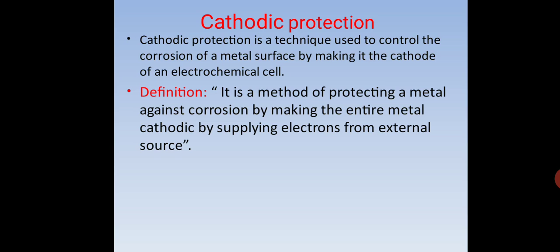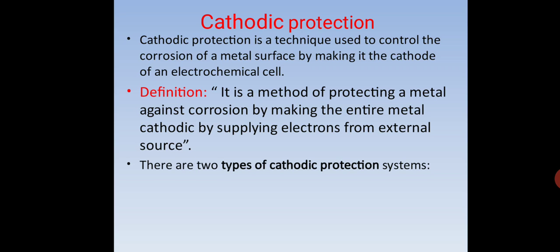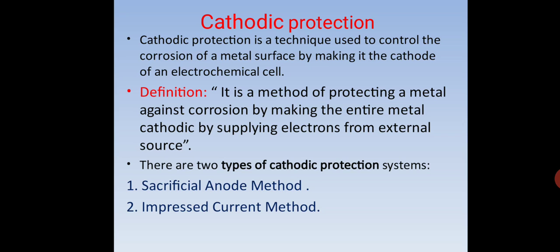Throughout the entire article to be protected, which is made the cathode, an external electric supply is used. There are two main types of cathodic protection systems, which are the sacrificial anode method and the impressed current method, which we'll understand one by one.